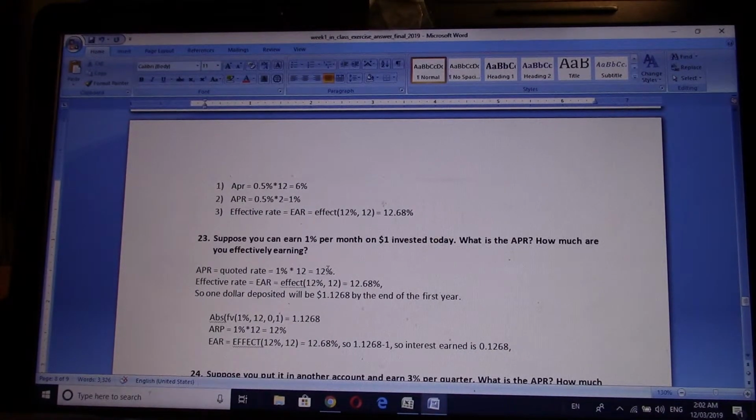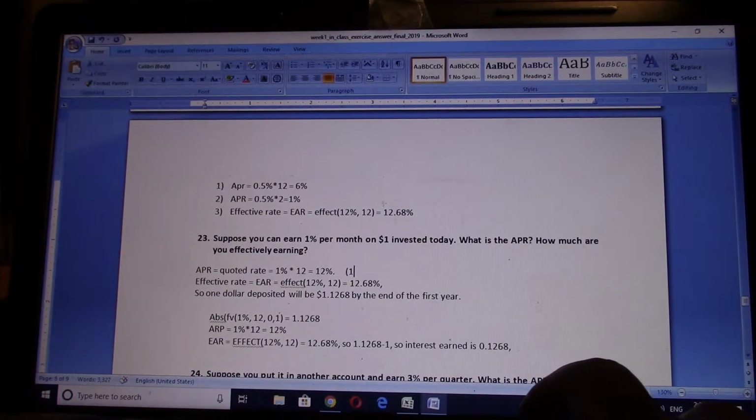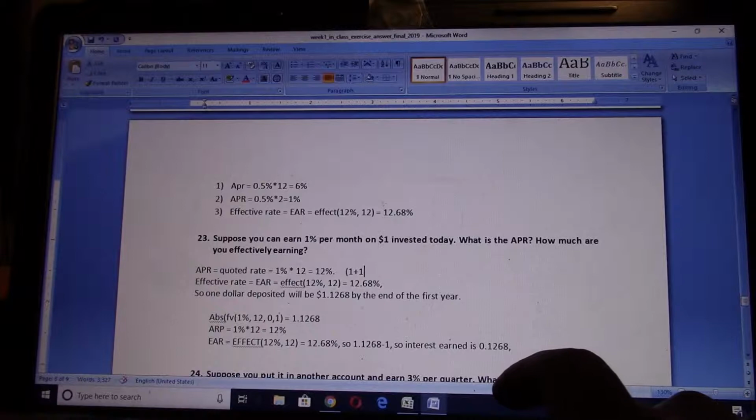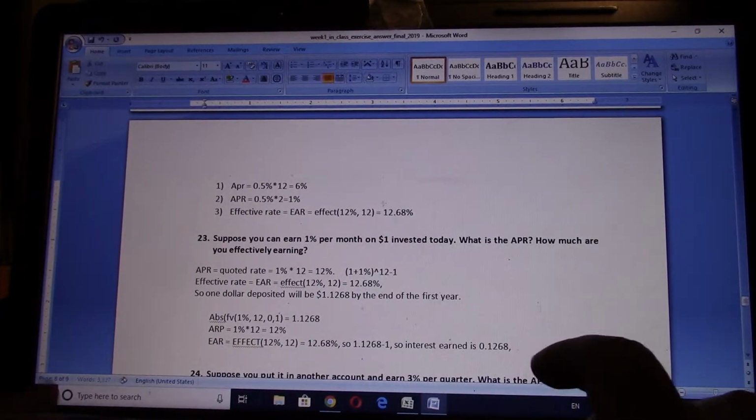If you do that mathematically, your interest rate should be 1 plus 1% to the power of 12, subtract 1.